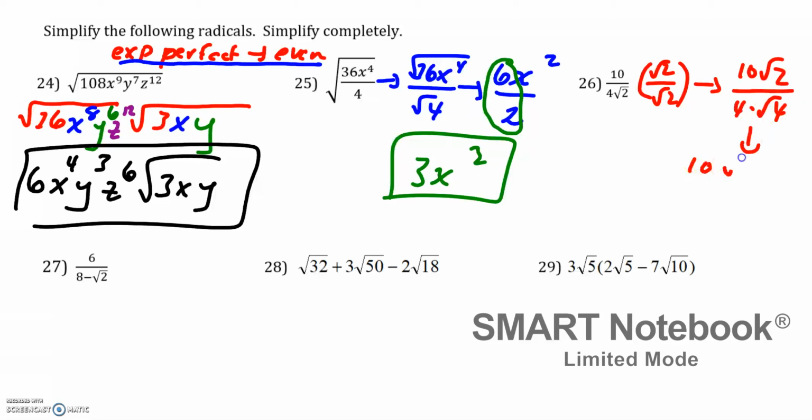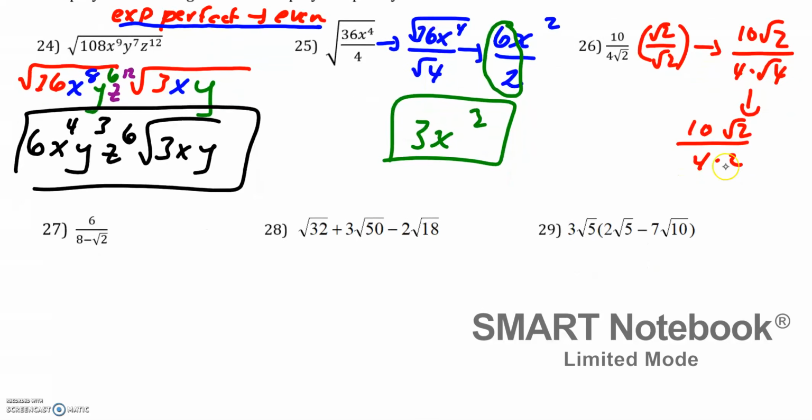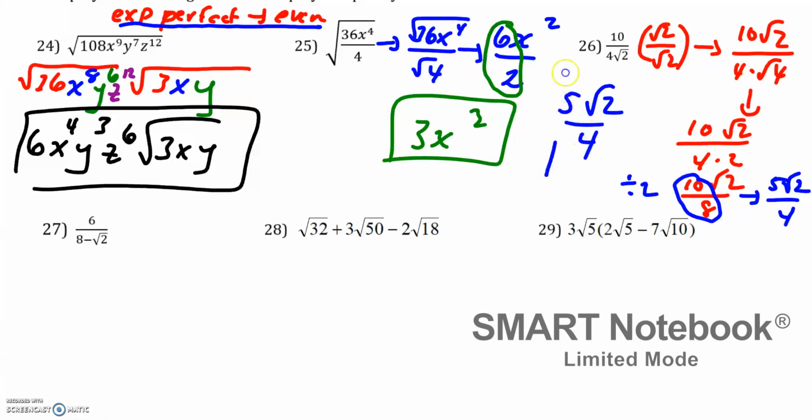So I'd have 10 root 2 over 4 times just 2, because the square root of 4 is 2, which would be 10 root 2 over 8. And then if I reduce 10 and 8, I can take a 2 out of both of those. So my final answer would be 5 root 2 over 4. Let me write that more neatly up here. 5 root 2 over 4 is your final answer for number 26.